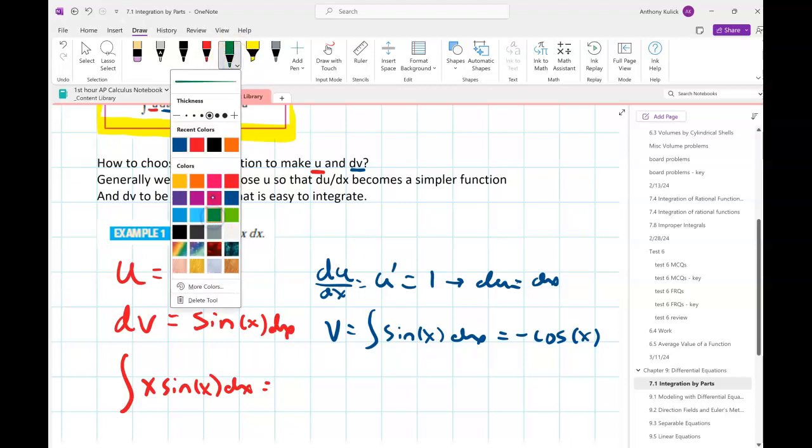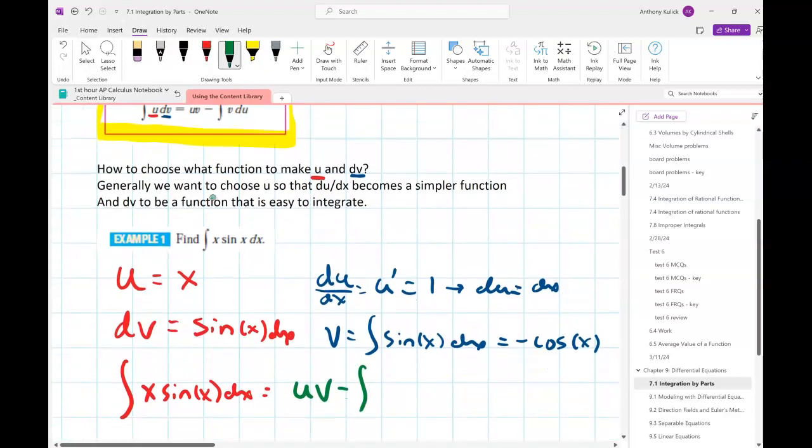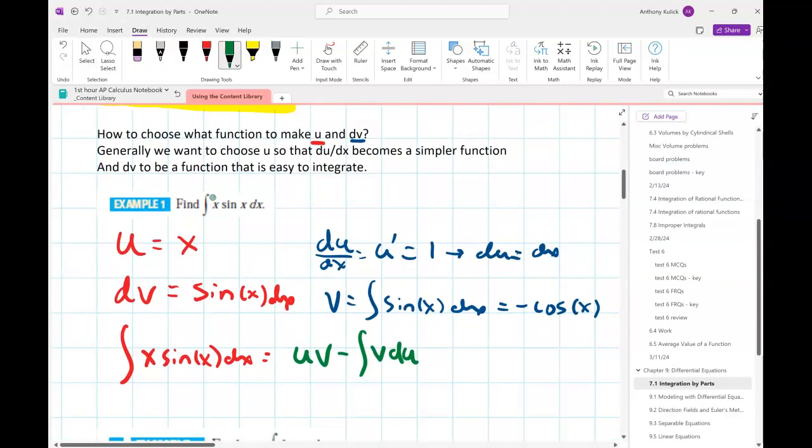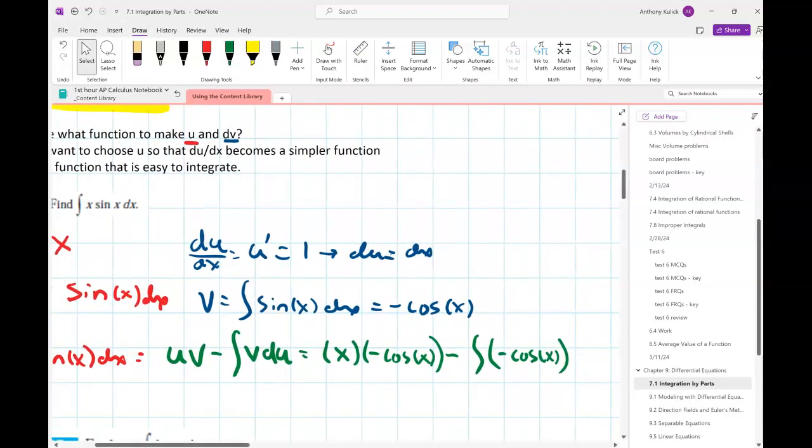Okay. So my formula says u times v minus the integral of v du. So that's going to be u is x, v is negative cosine x, and then we have the integral of v, which is negative cosine x, and du, which is just dx.